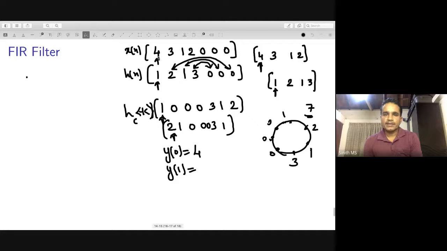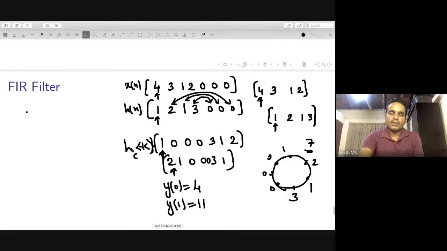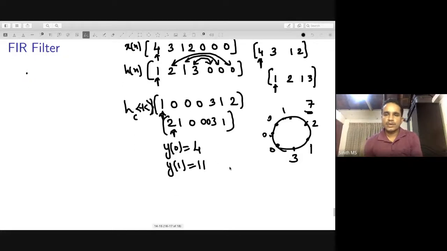This is to be multiplied with this, then you get y of 1. So 4 into 2 is 8, plus 3 is 11. The rest will be 0. So is this what we have got here? 4, 11.